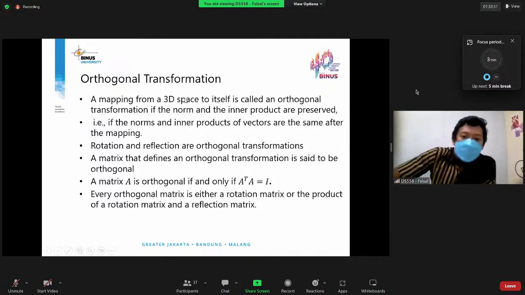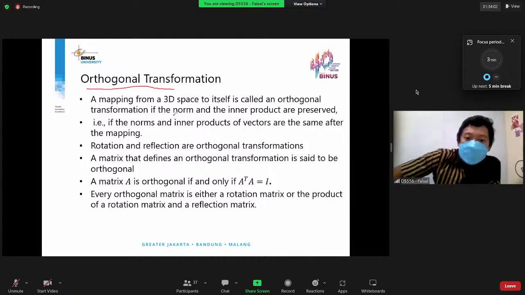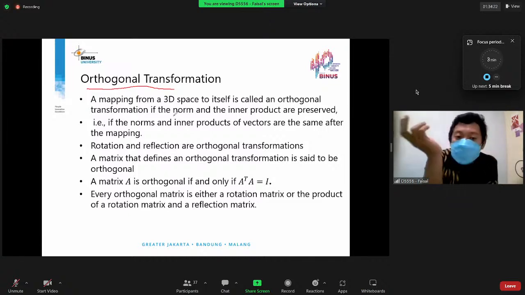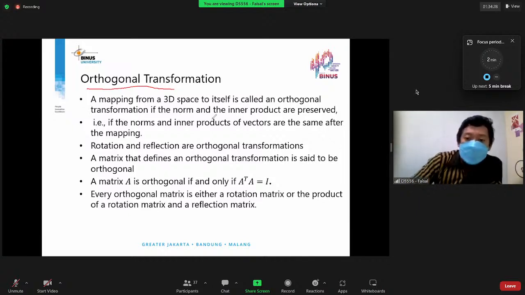This is a special kind of transformation. We call it an orthogonal transformation. An orthogonal transformation is a transformation such that the norm and the inner product are preserved. After the transformation, the norm of the vectors will be equal, and also the inner product.